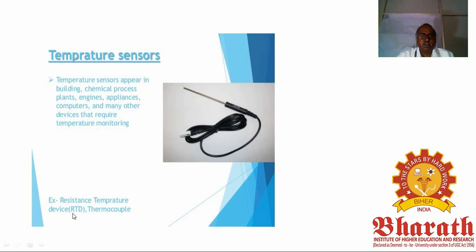Depending upon the coefficients, it is calibrated and the input temperature is converted into a corresponding electrical signal which can be measured or stored. Thermocouple is another widely used instrument for measuring the temperature.